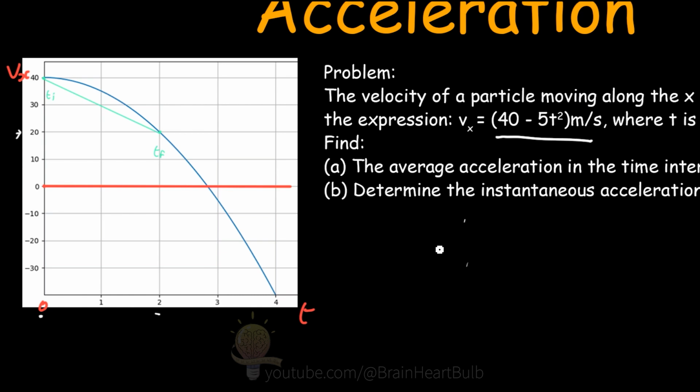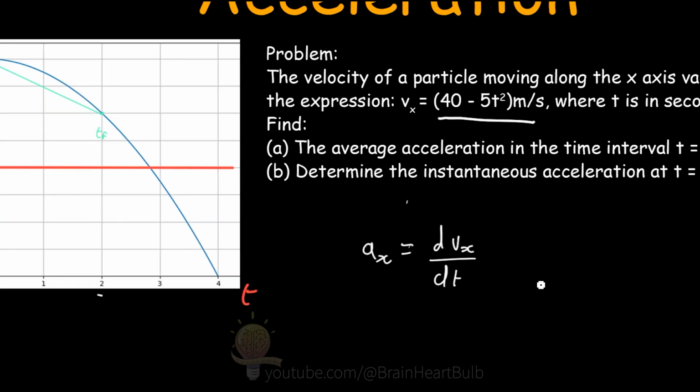So we defined our instantaneous acceleration to be Ax is equal to the derivative of the velocity with respect to time. And as I've mentioned in a previous lesson, if we want to take the derivative with respect to time for this equation up here, we would do so for each component of this expression.